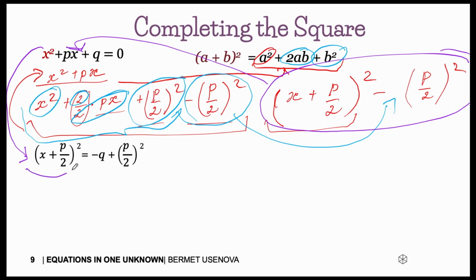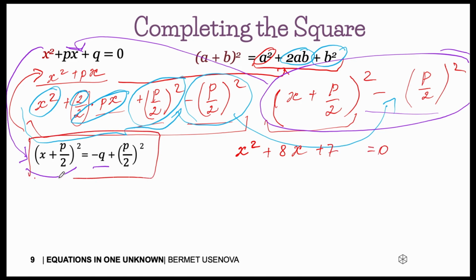So this one is squared, and then we subtract q from both sides, and q moves here with a minus sign, and p divided by 2 squared to the other side, and we also change the sign, and we get this kind of formula.